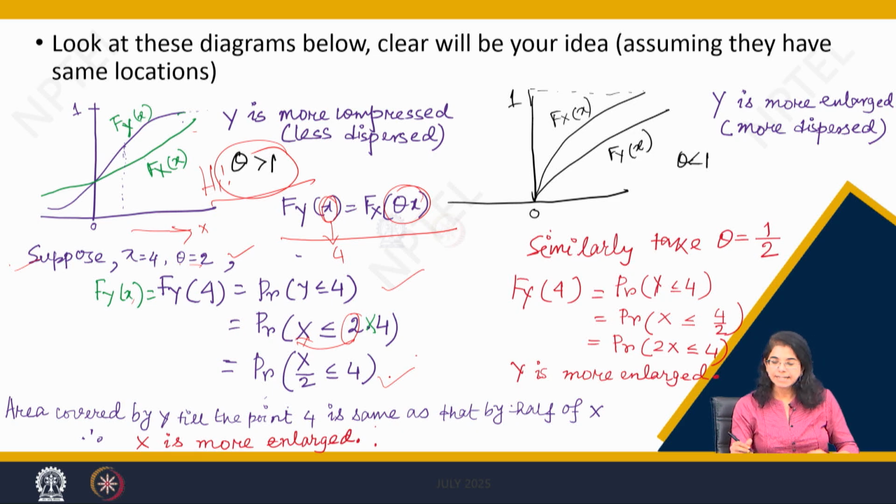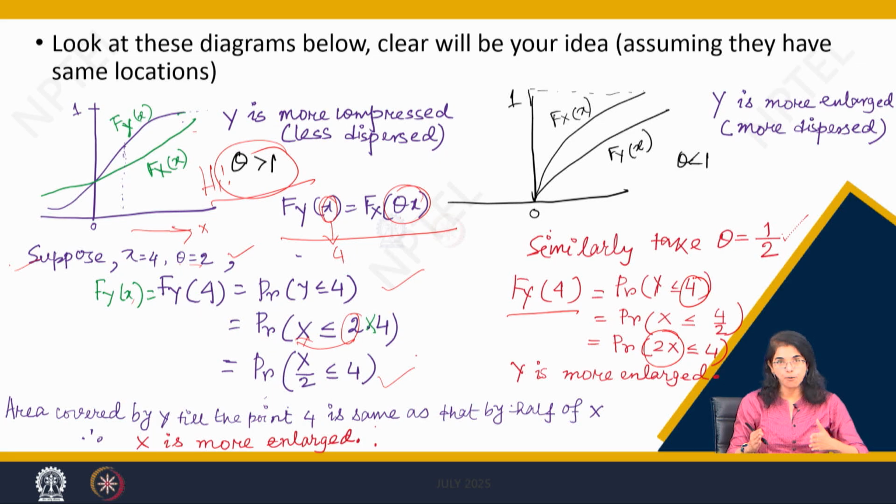Similarly, take θ equal to half. Have a check over this picture: that is F_X(x), and the lower curve is F_Y(x). Y is more enlarged. More enlarged means F_Y(4), which is Y less than or equal to 4, has a probability same as that taken by twice X. Clear?